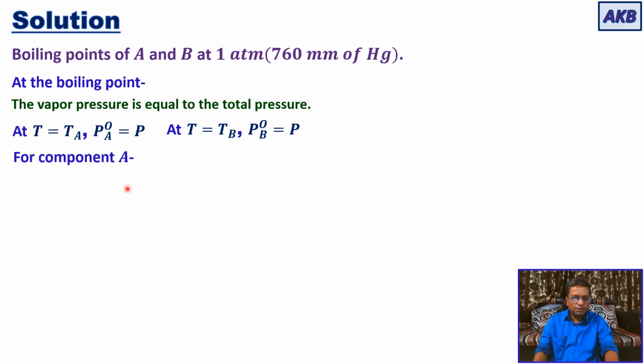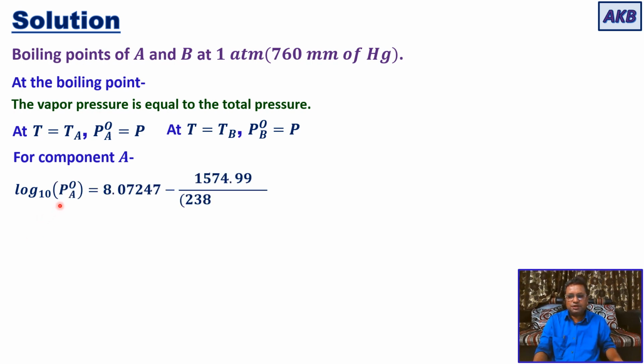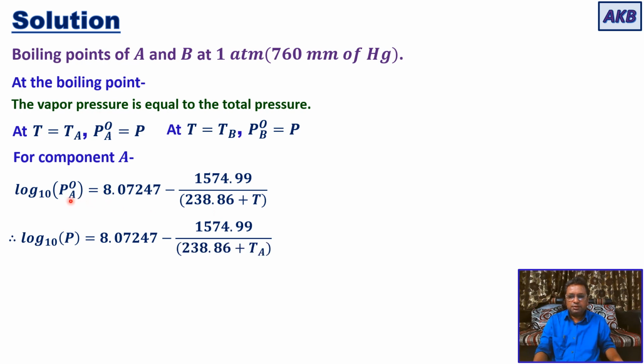For component A we have the Antoine equation: log to the base 10 of P naught is equal to 8.07247 minus 1574.99 divided by 238.86 plus T. What we are going to do is, the vapor pressure will be equal to the total pressure, and if that is the case, this temperature will be equal to the boiling point.